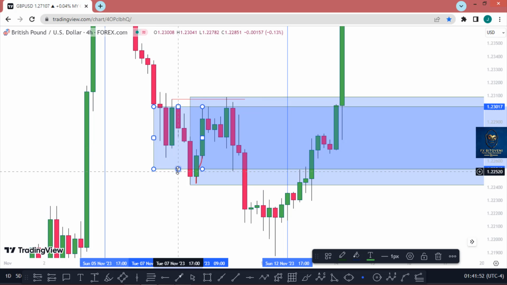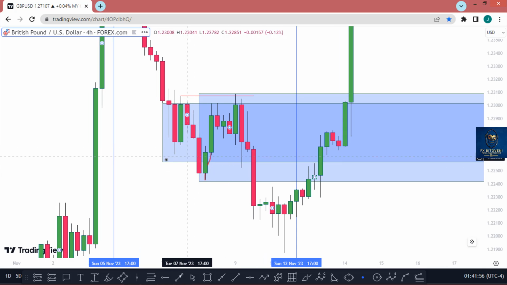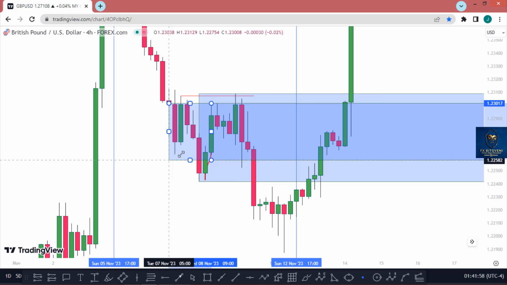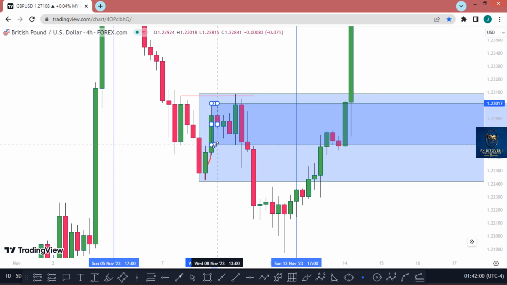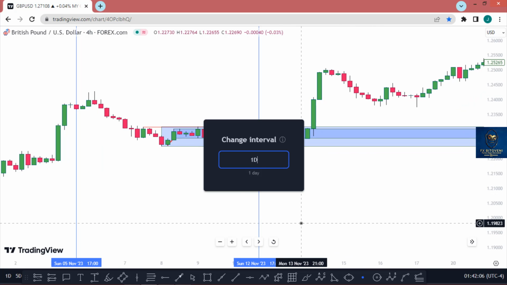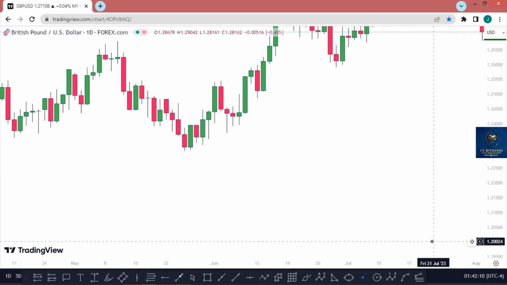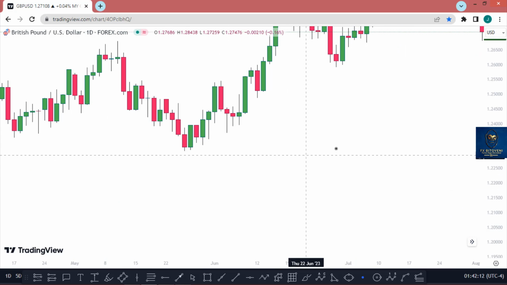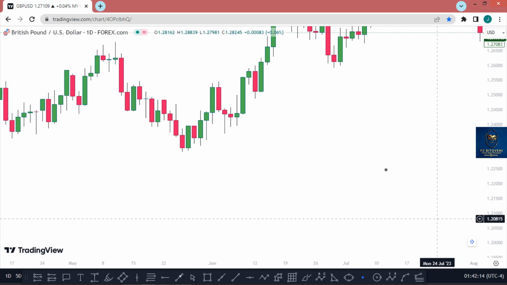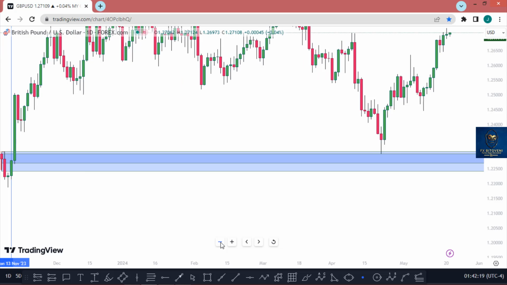This is where you are going to find a reaction for your entry. A reaction for your entry on that area, as you can see.